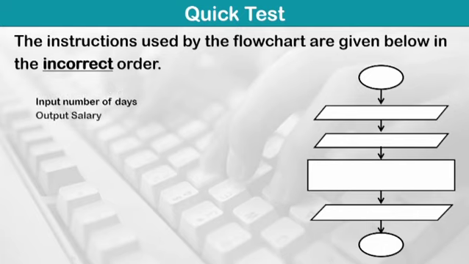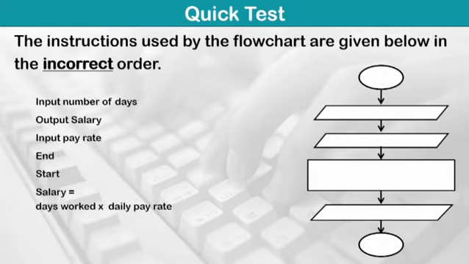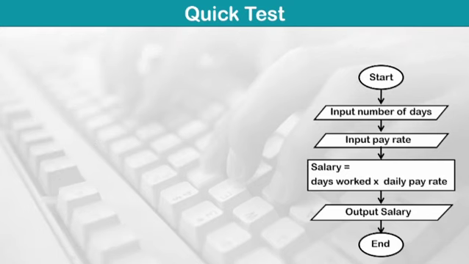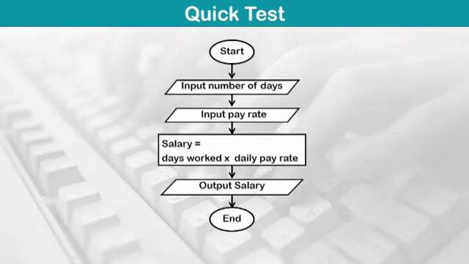Input number of days, output salary, input pay rate, and start, salary is equal to days worked times daily pay rate. Complete the flowchart by placing each instruction at the correct position. The completed flowchart will look like this.